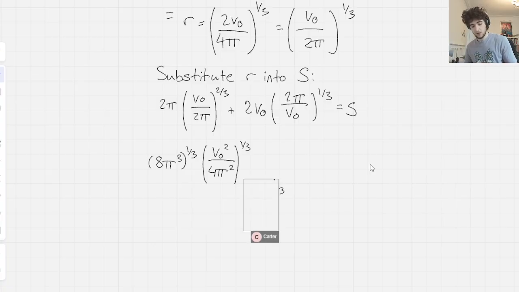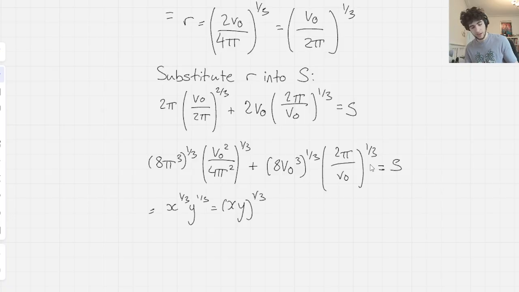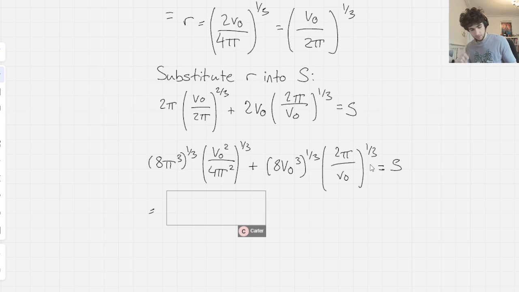And so then we have those two things, and the 2v naught, we can write that as 8v naught cubed to the power of a third. That gives us 8v naught cubed to the power of a third, multiplied by 2 pi divided by v naught to the power of a third. This gives us our minimal surface area S, right? And now, because x to the third multiplied by y to the third is always going to give us xy to the power of a third, we can combine those things into one bracket, which is useful.